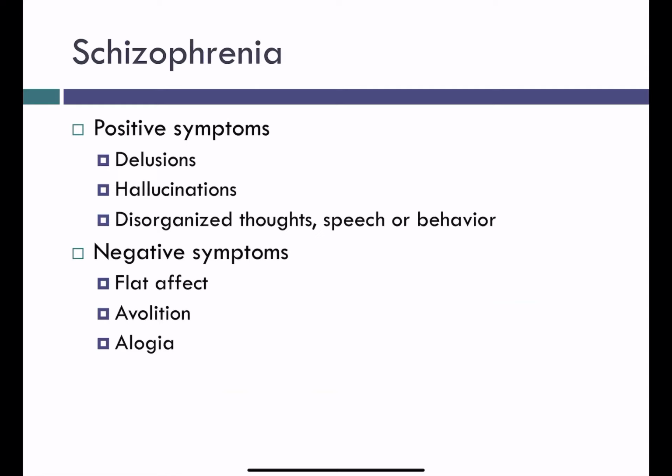Sometimes there are also hallucinations, which are false or distorted perceptions, so hearing voices or seeing things that are not actually there. And then also disorganized thoughts, speech, or behavior, a jumbled manner of speaking where words are put together even though they don't form meaningful sentences.